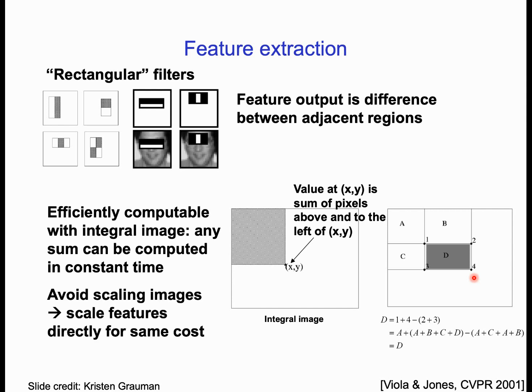And that's pretty neat. If I scale the image or get a larger or smaller area, it doesn't really matter, because even if I increase the size of D, the cost of computing the integral is exactly the same. So that's pretty neat.